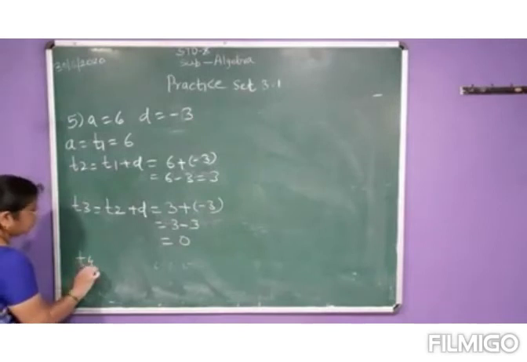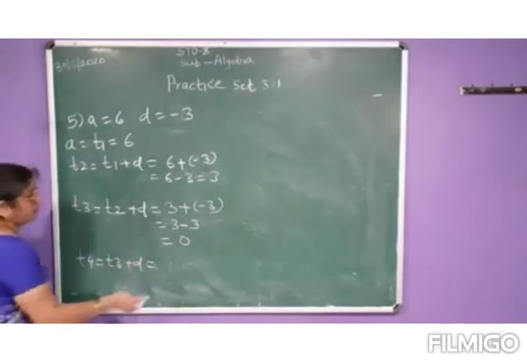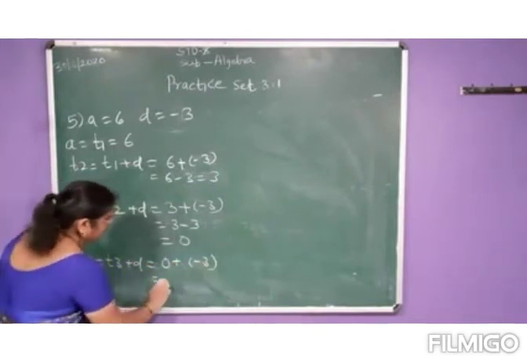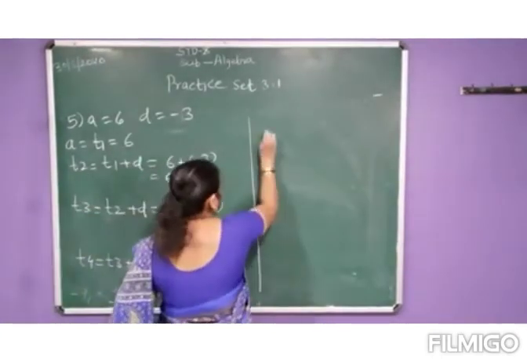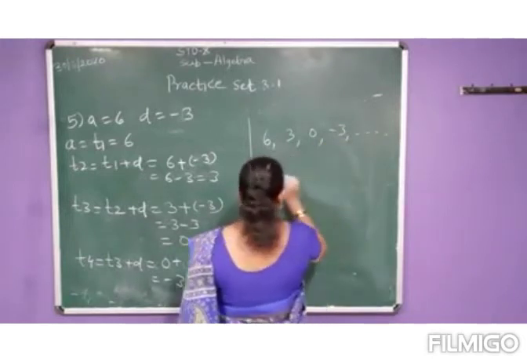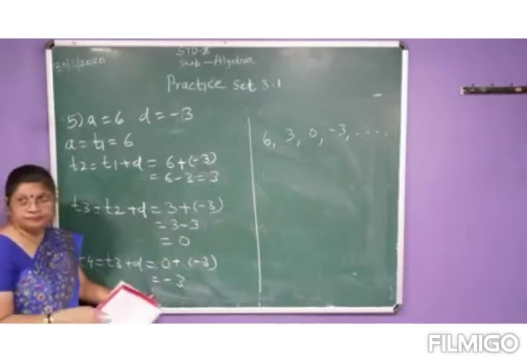Now T4 is T3 plus d, that is 0 plus minus 3. So what answer will you get? Minus 3. So your AP is 6, 3, 0, minus 3, this is the required AP.